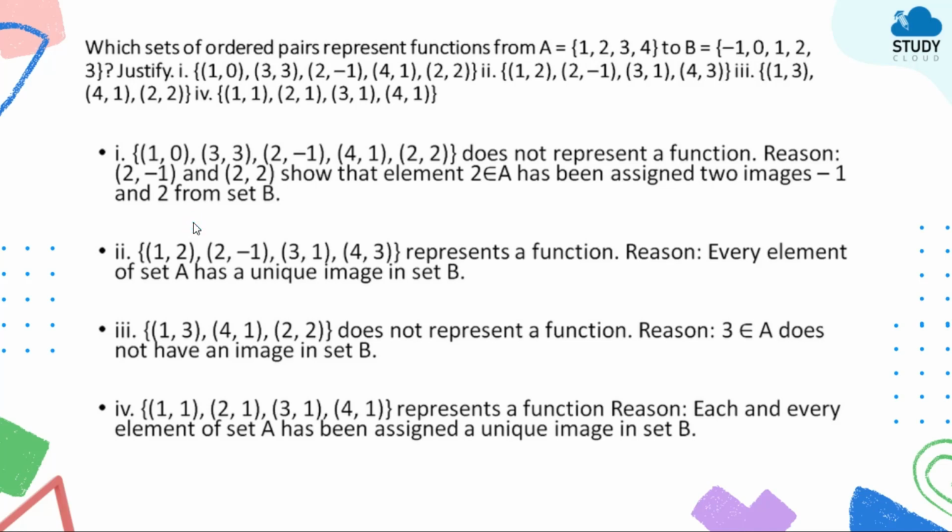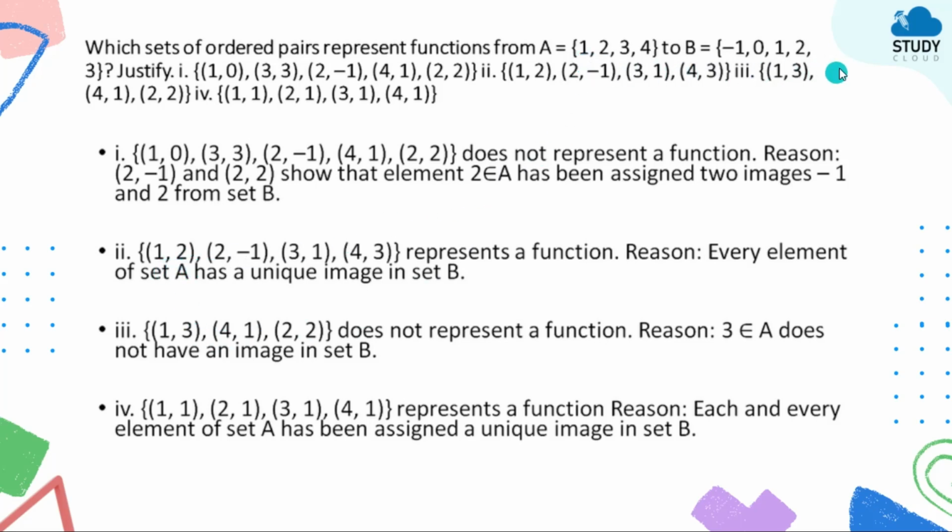From the definition of functions, one element of A should be connected to one element of the other set. But here, one element is connected to two elements of B. So this is not a function. Okay. See the second one. (1, 2).